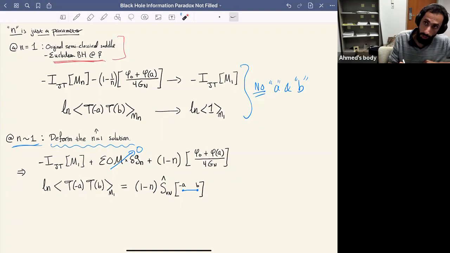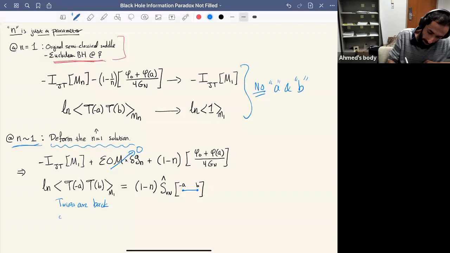For the matter term, you end up with this twist field correlation function. First, the twists are back, so let me emphasize that. And the nice thing is that they're back, but they're also on the n equals 1 semi-classical saddle.